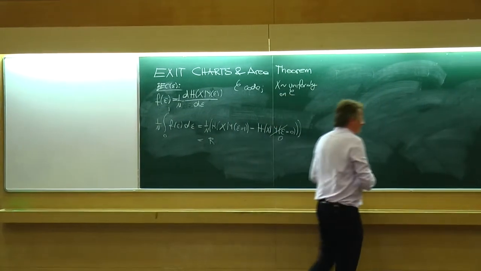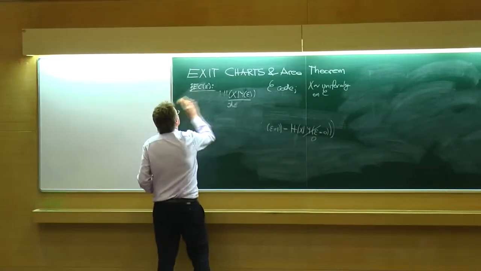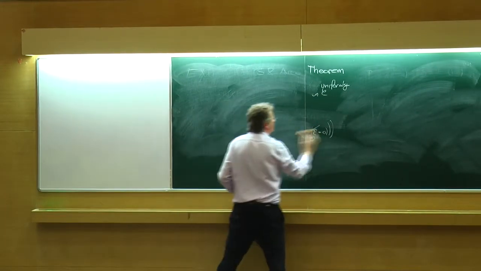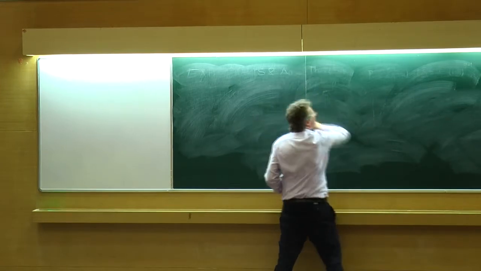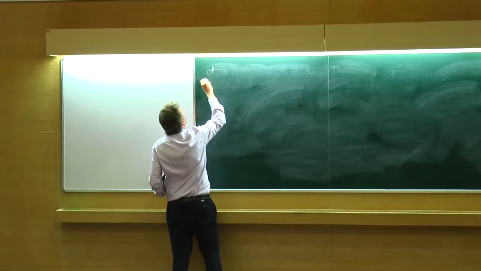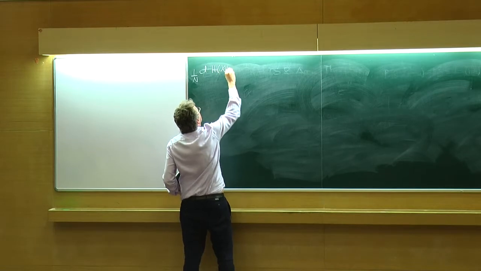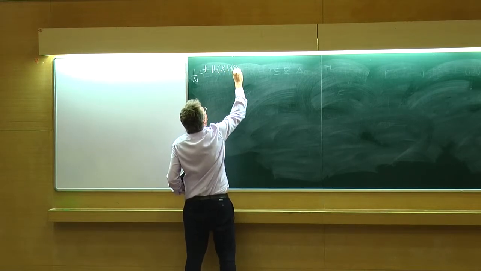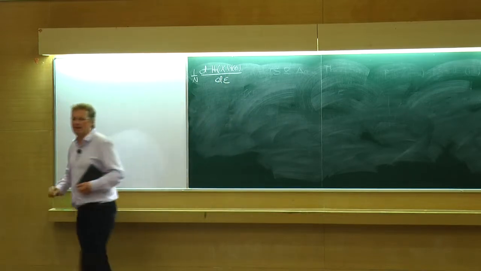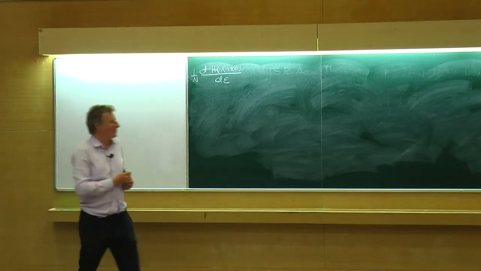Okay, so we need some space. I want to start here, and then at the end, I want to come up with something that looks exactly like what we had at the end.